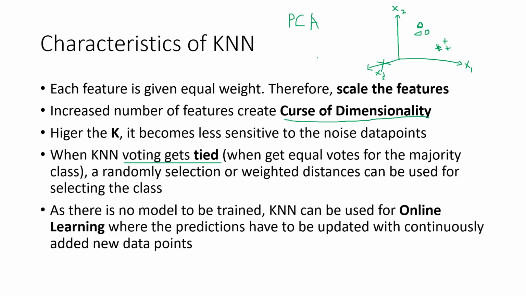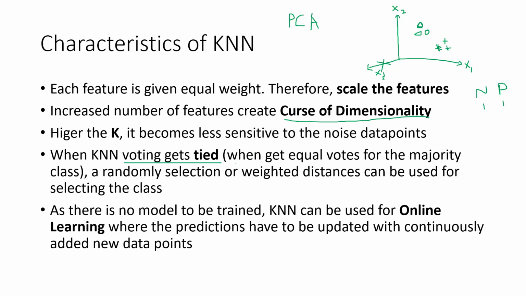Tied means, for example, if it is a binary classification problem and you have only k equals 2, and one data point is pointing to the negative class and the other data point is pointing to the positive class. Because of that, the number of data points in each of the classes is the same. They are tied, right? So in that case, how do we find the class?